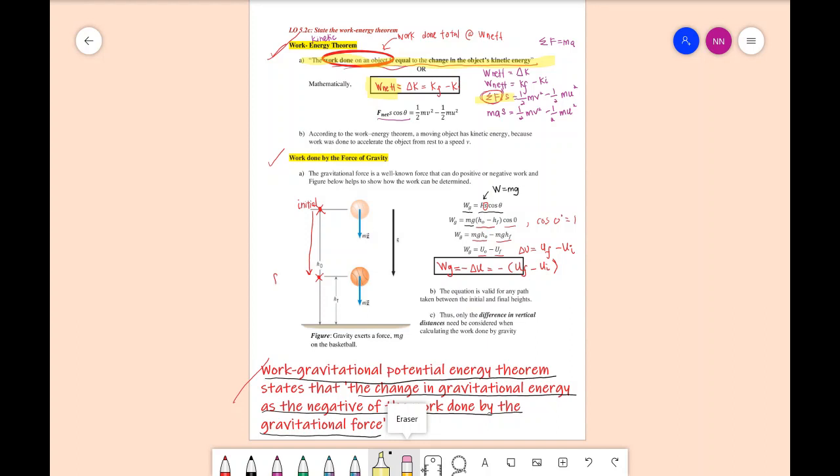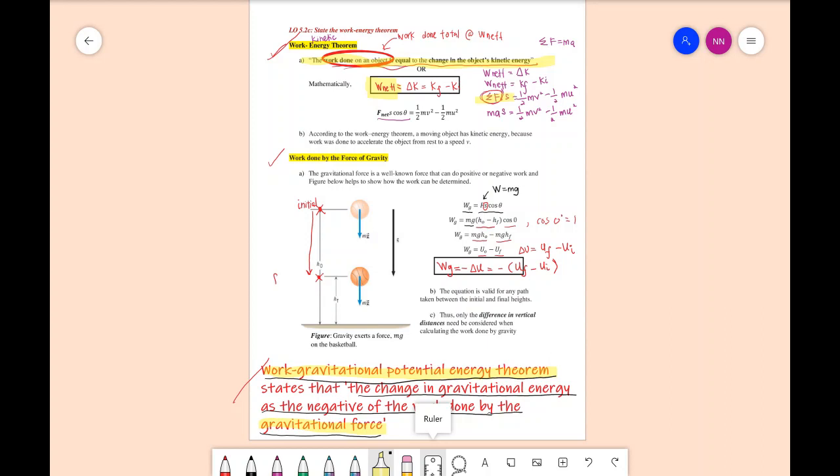And then for the work gravitational potential energy theorem, it states that the change in gravitational potential energy is the negative of the work done by the gravitational force.